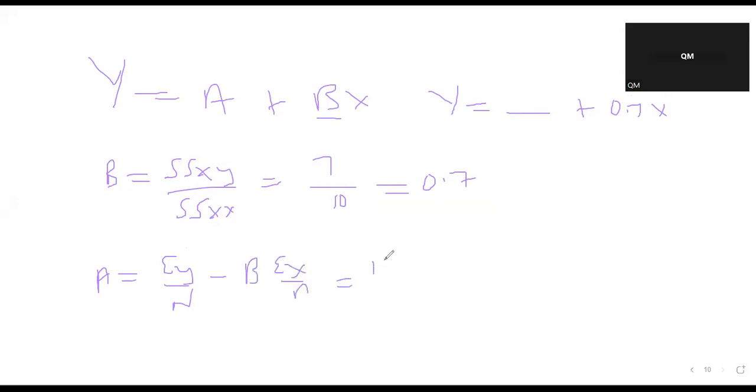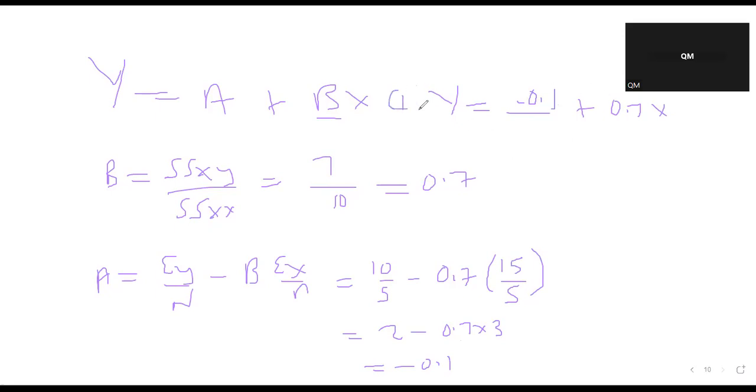The summation of y was 10, and n was 5. Our b is what we just got. If your b is wrong, it will affect your a. Then the summation of x was 15 over 5. When you compute it, you get 2 minus 0.7 times 3. This final answer gives us negative 0.1. So here you put negative 0.1. You get your 2 marks for just the equation.